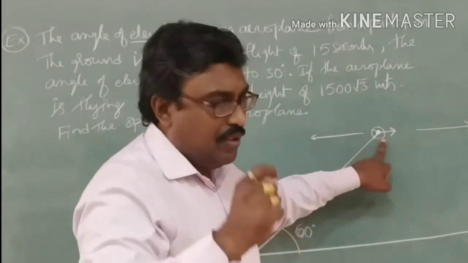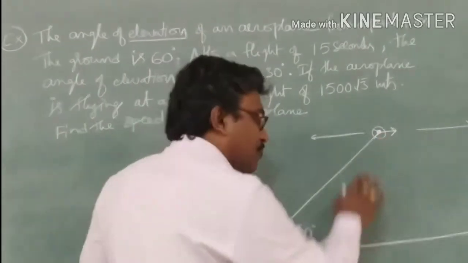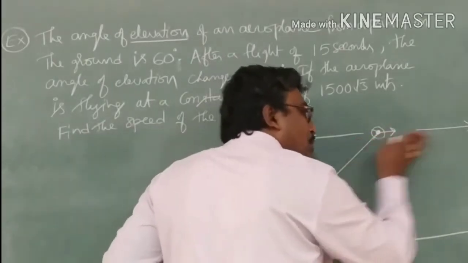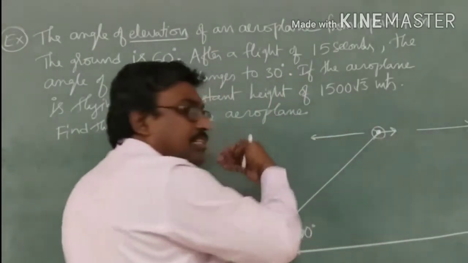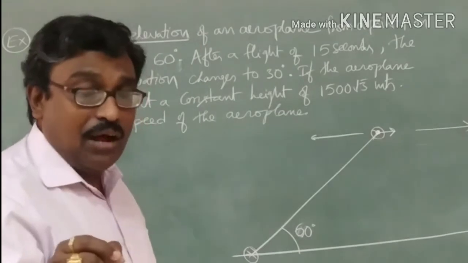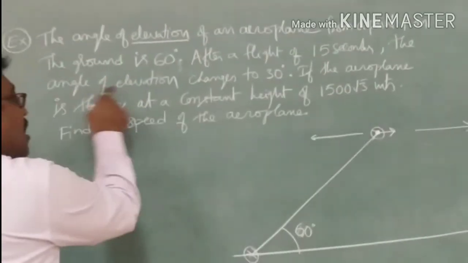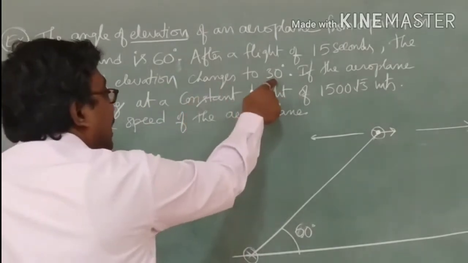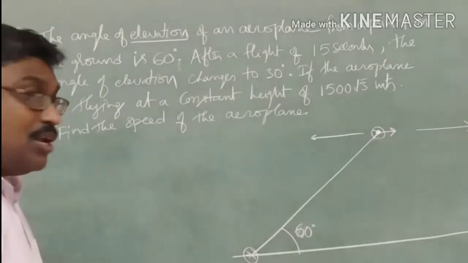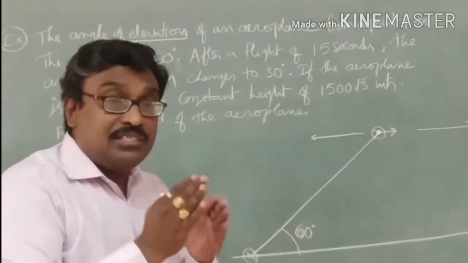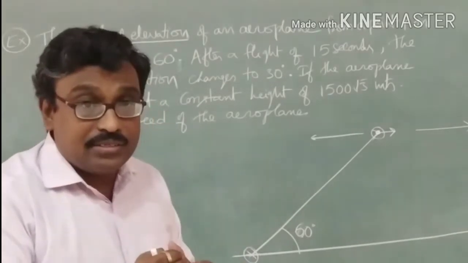After a flight of 15 seconds, the flight is here now. It can go in this way or in this way. You should decide now. Okay? How? The angle of elevation changes to 30 degrees.